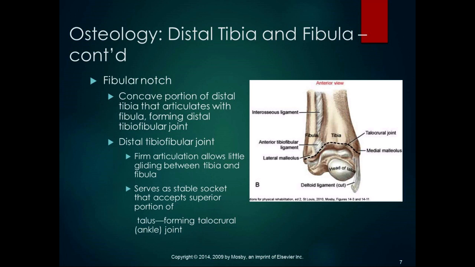It forms the distal tibiofibular joint, which is a firm articulation that allows little widening between the tibia and fibula. It's an amphiarthrosis. The interosseous ligament or interosseous membrane holds the tibia and fibula very tightly together to provide stability in the lower leg. So the distal tibiofibular joint serves as a stable socket that accepts the superior portion of the talus, which forms the talocrural joint, otherwise known as the ankle joint.